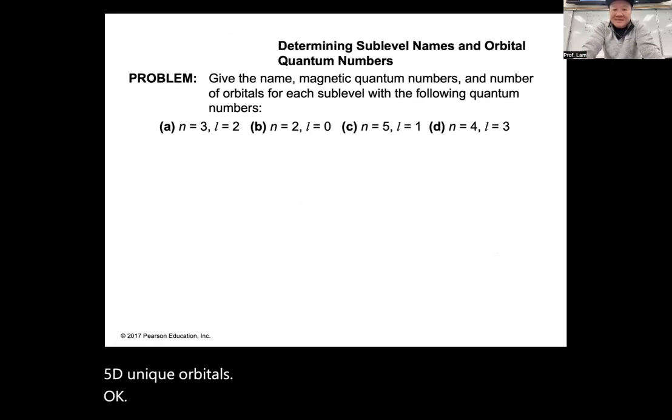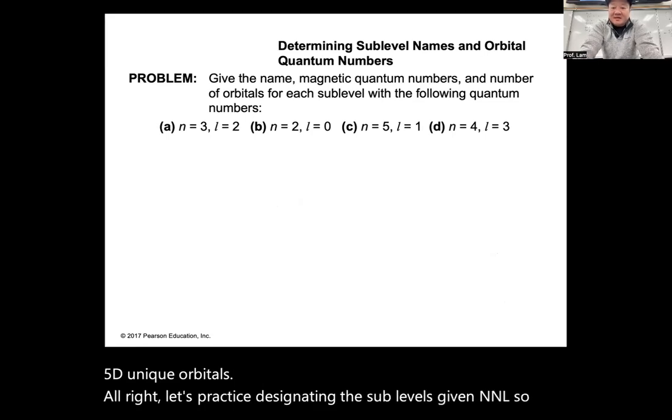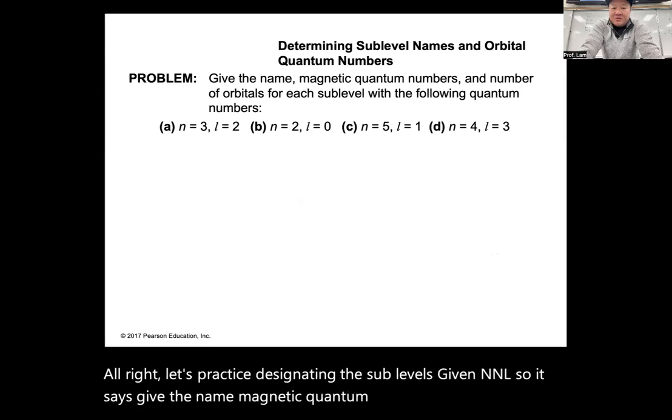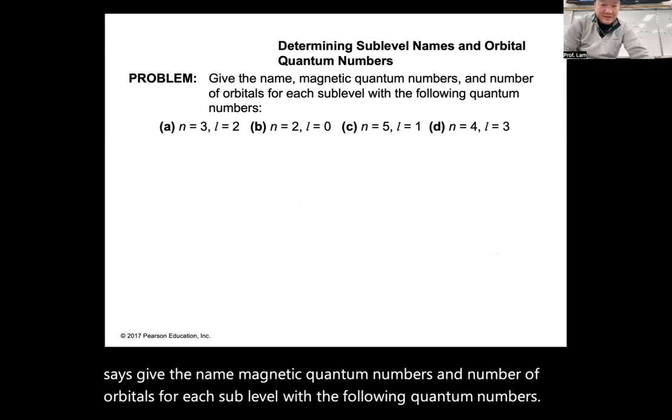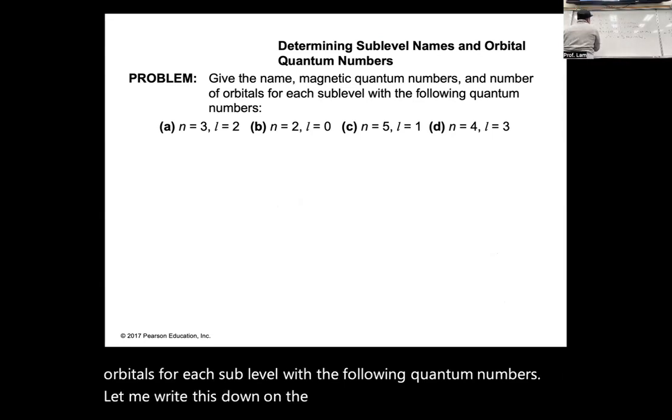All right, let's practice designating the sublevels given n and L. It says, give the name, magnetic quantum numbers, and number of orbitals for each sublevel with the following quantum numbers. Let me write this down on the board, and then we continue.